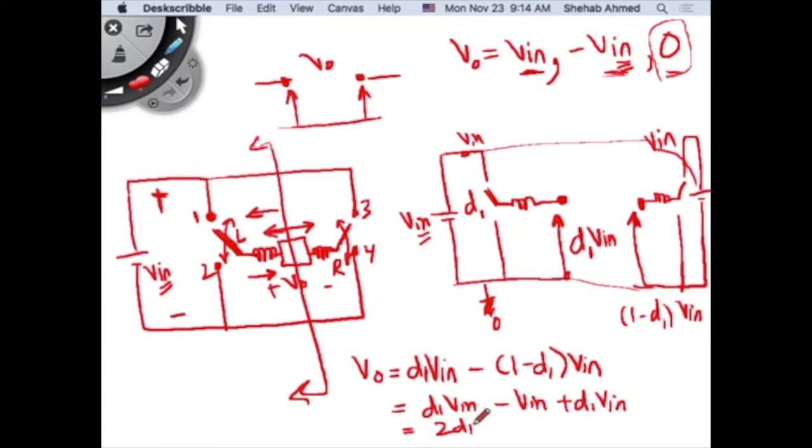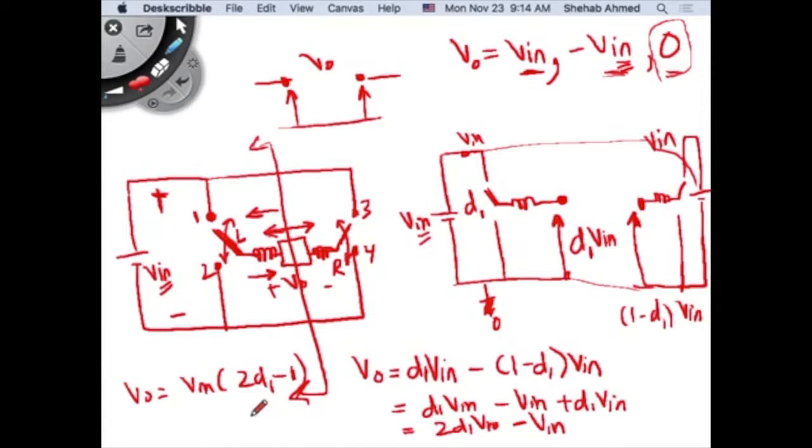So 2D1 V input minus V input, right? Or V output is equal to what? V input times 2D1 minus 1.